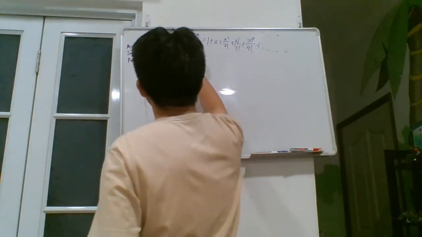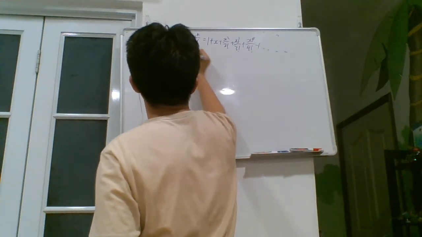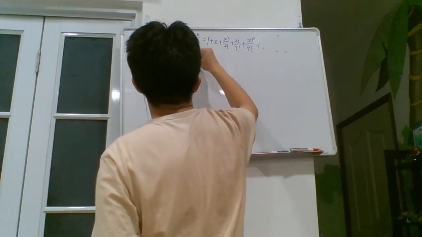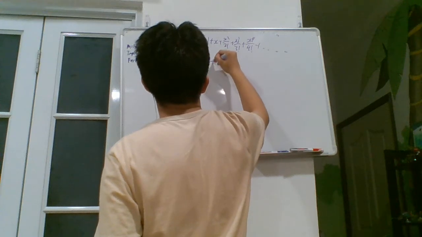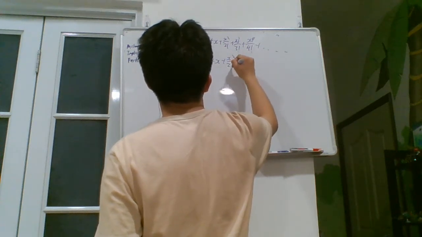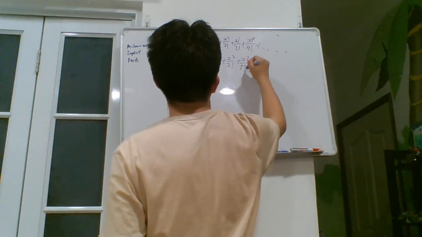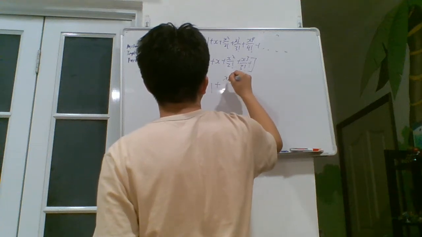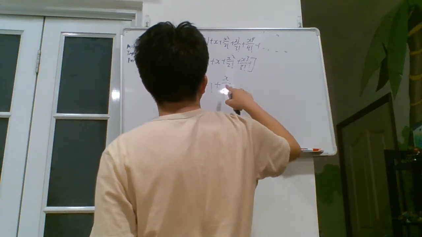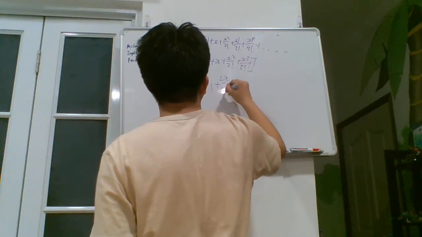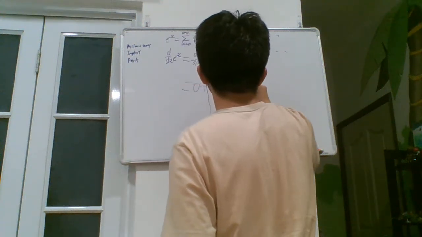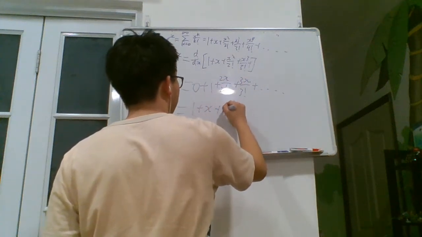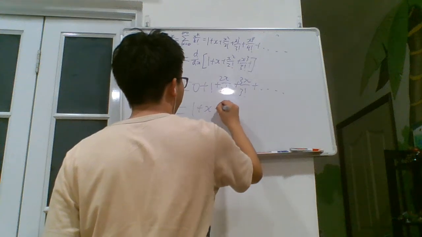So d/dx of e power x, you apply d/dx on both sides, which equals 0 plus 1 plus 2x over 2 factorial plus 3x squared over 3 factorial, which equals 1 plus x plus x squared over 2 factorial.